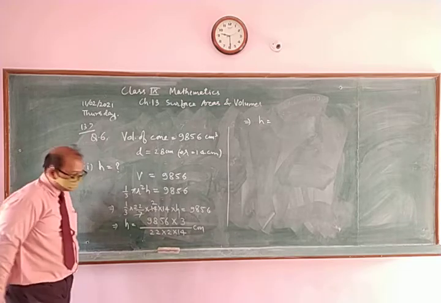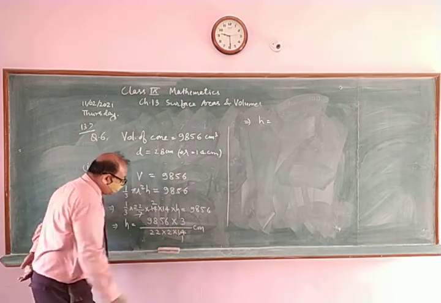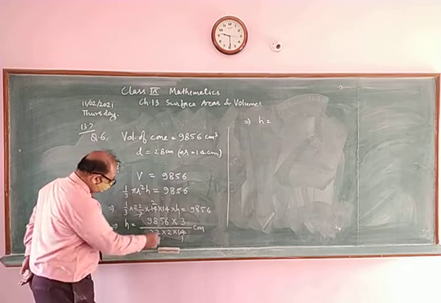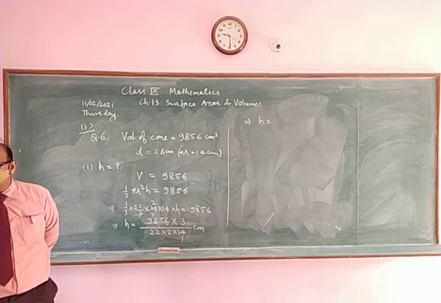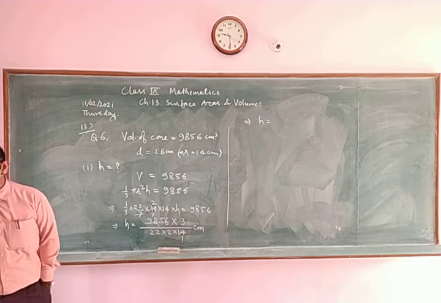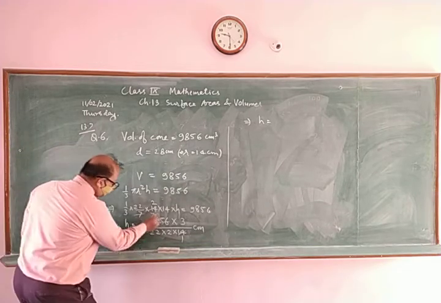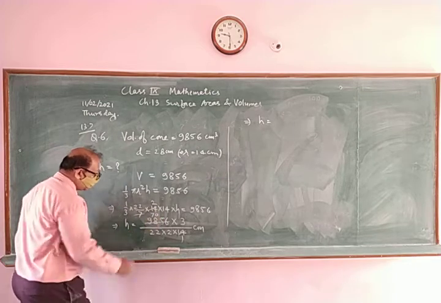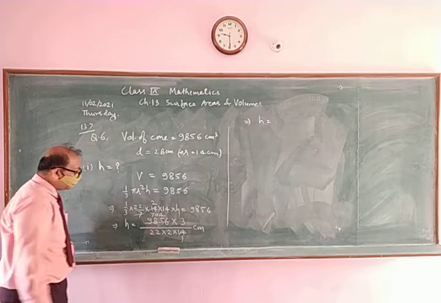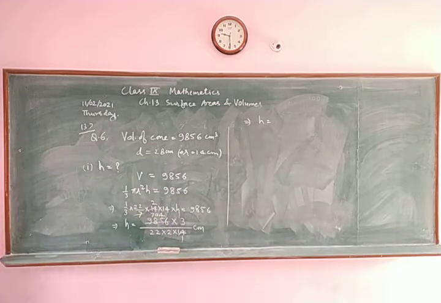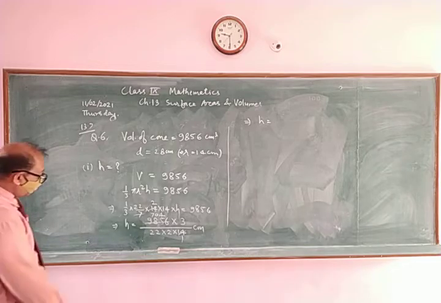Look here. 14 ones are 14. 14 sevens are 98. Now 0. 14 fours are 56. Again divide it.